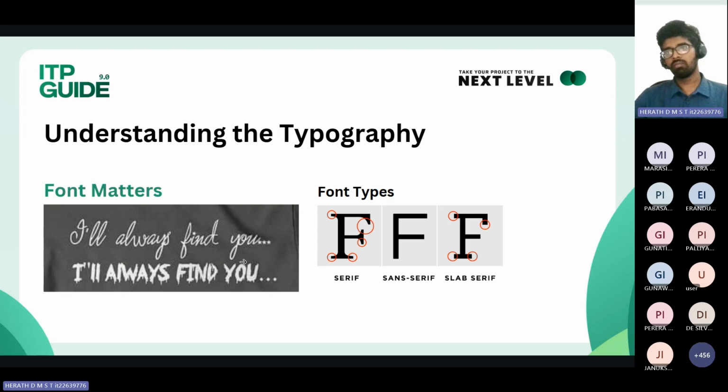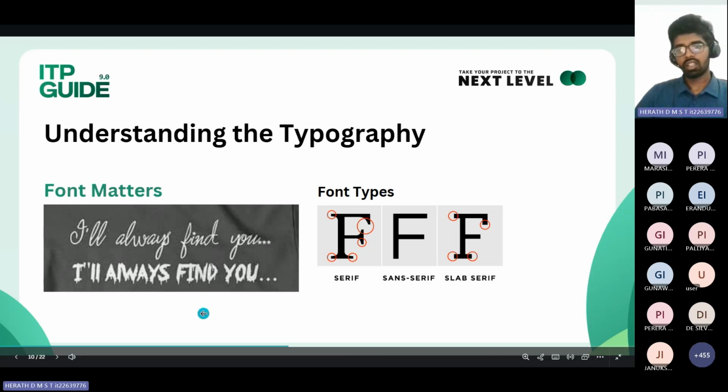This font is the one we mostly use in places where we need to show romance or some kind of affection to readers. But in the second image, you will feel some kind of horror because of this horror kind of font. So you can understand that font always matters when it comes to typography.